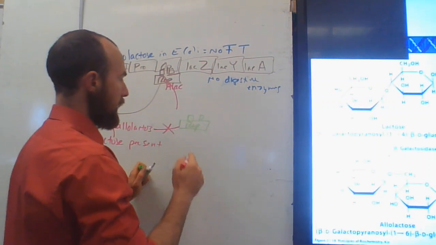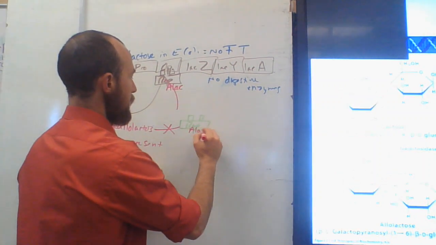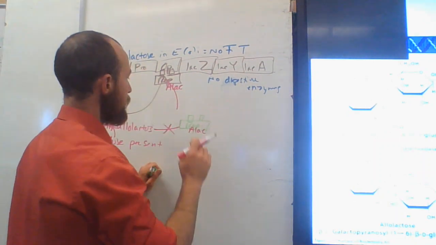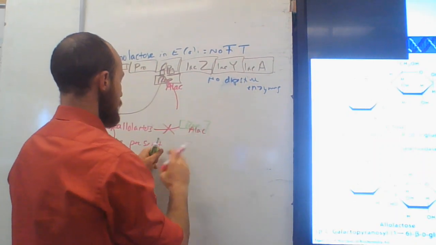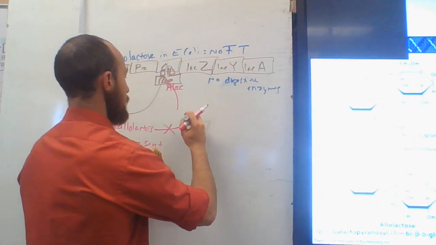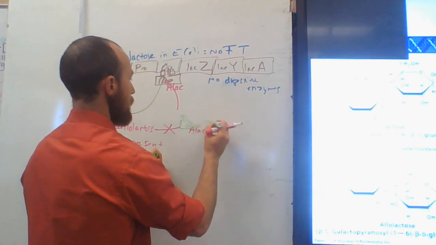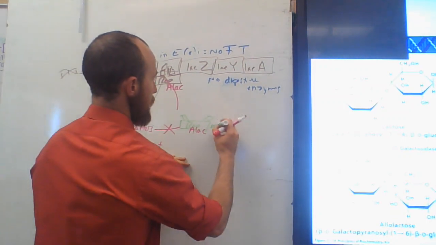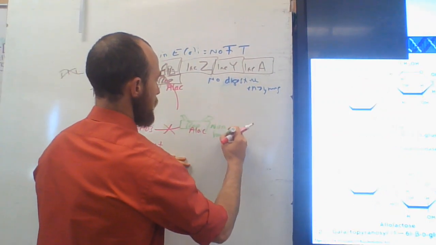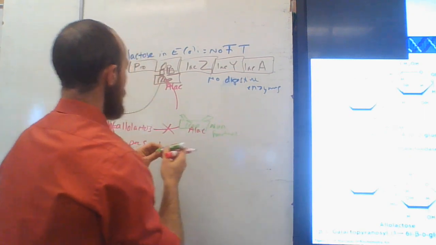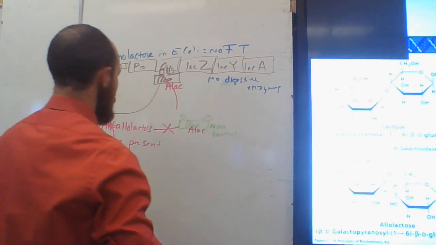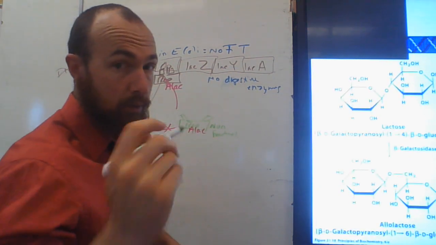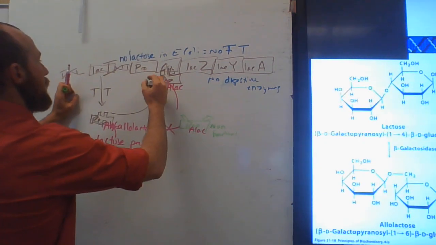So we can draw a line and an X there, and allolactose is bound to the repressor, and you could even draw that the repressor is like non-functional, like a different shape. Okay, something like that. And you could say non-functional.